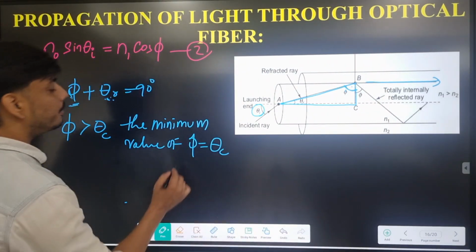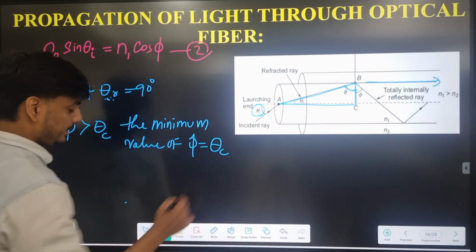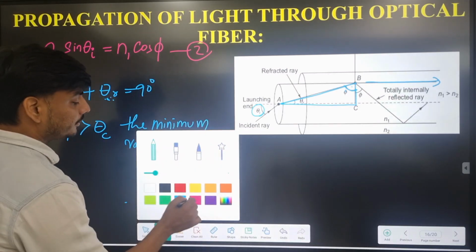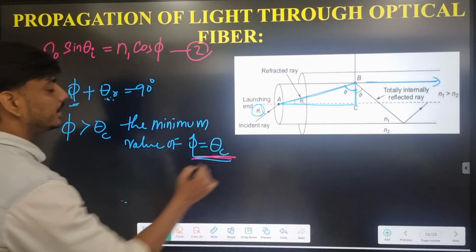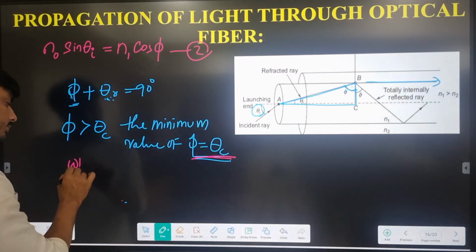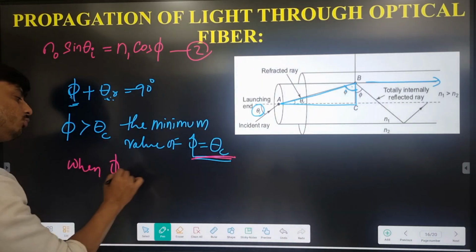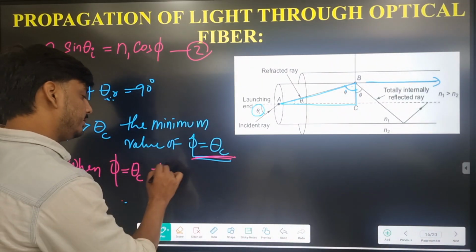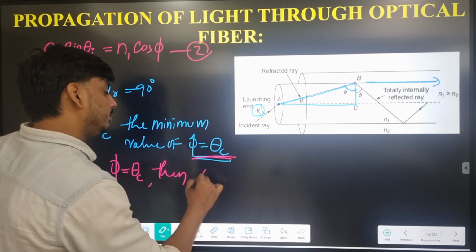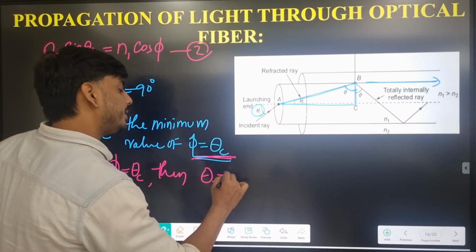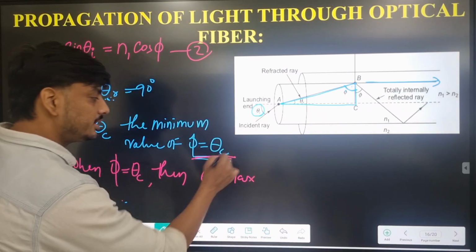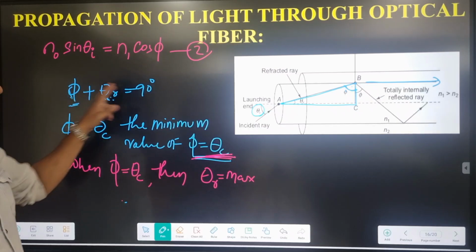So if one is minimum, other must be maximum. Let the minimum value we have considered here theta c. Then when phi equal to theta c, then theta r will be maximum. This is the minimum value because A plus B equal to constant.